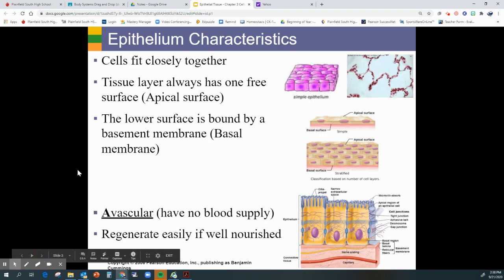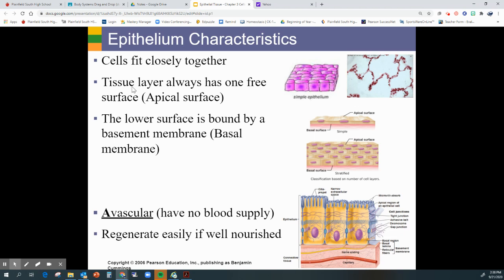Okay. Some characteristics of epithelial tissue. So they fit really closely together. They often look like puzzle pieces, or sometimes people refer to them as being sort of like fish scales, right? There's not a lot of space in between them. Okay. There are two basic surfaces that we see with epithelial tissue. The first is what's called an apical surface. All right.